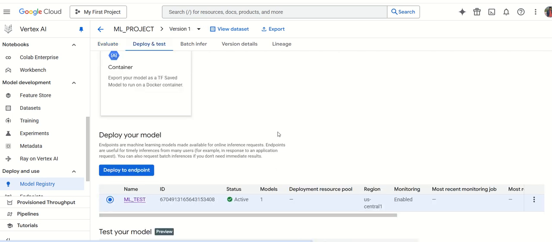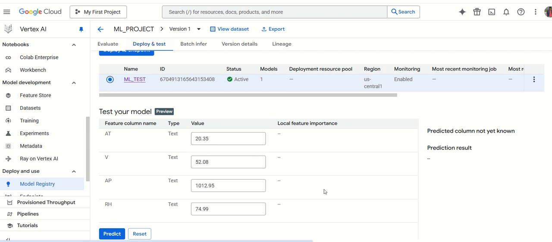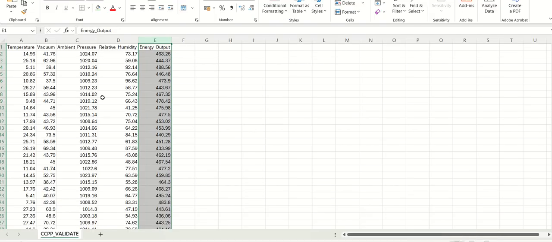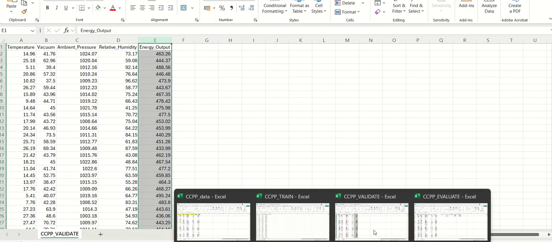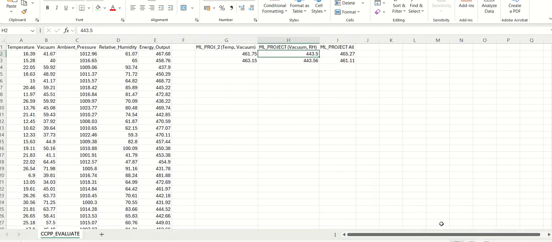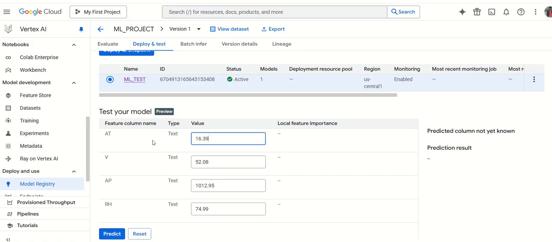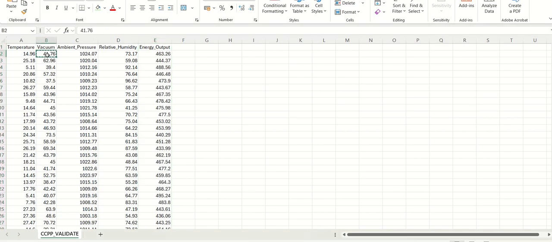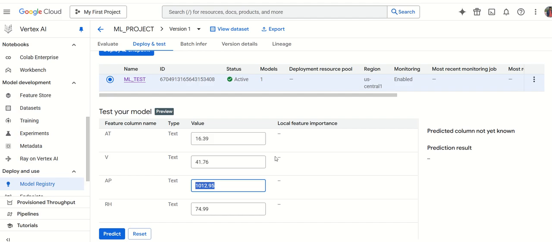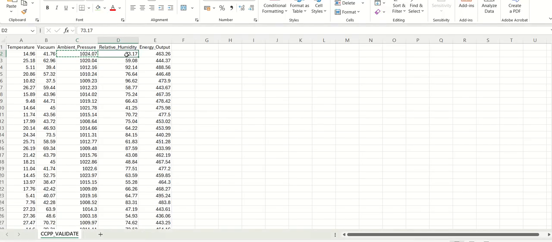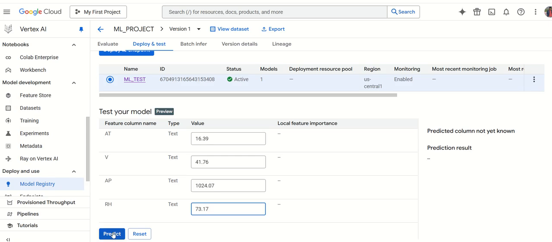So if I go and test the model, let's take this one and then deploy and test. And this is how I have tested it by giving the appropriate input for all the four features. We will get the predicted output. So here, let's take this one: temperature as 16.39, and vacuum as this, ambient pressure as this, and relative humidity as this, predict.